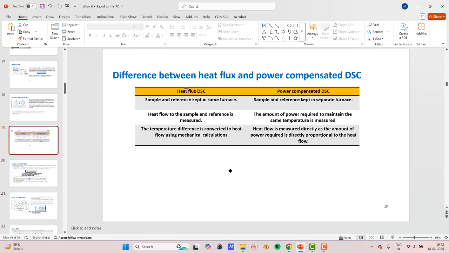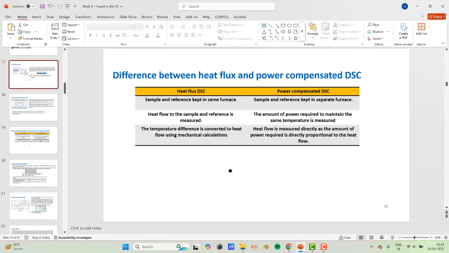In the heat flux DSC, the temperature difference is converted to the heat flow using mechanical calculations. In the power compensated DSC, the heat flow is measured directly as the amount of power required, which is directly proportional to the heat flow. So in the power compensated one we measure the power required, and in the heat flux we measure the temperature difference, which is converted to the heat flow using mechanical calculations.